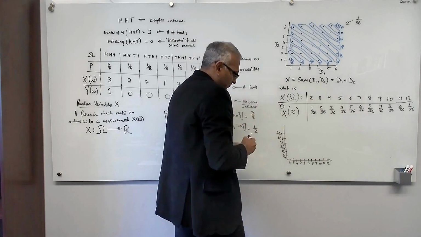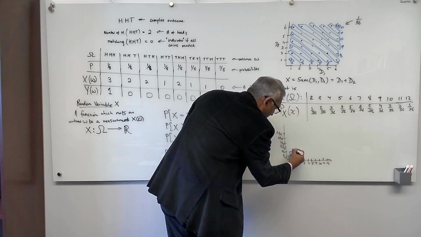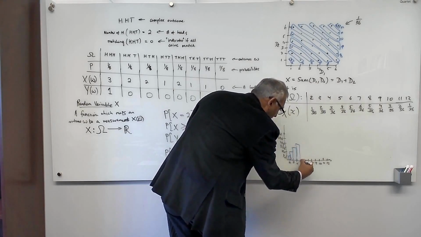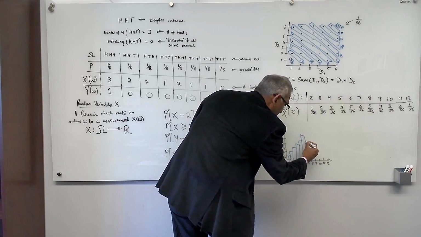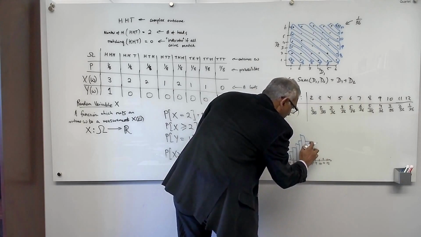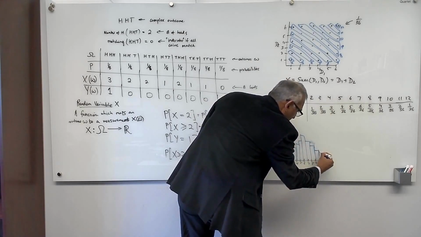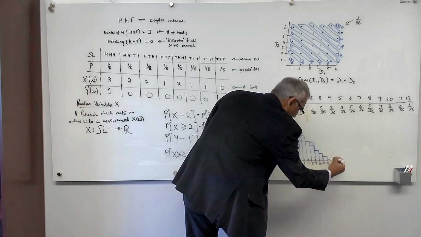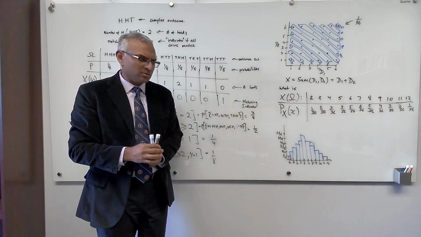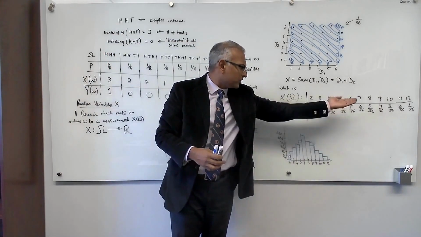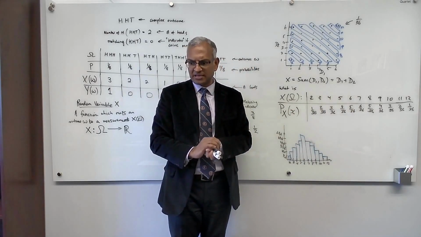So the sum of 2, sum of 3, 4, 5, 6, 7, 8, 9, 10, 11, 12. So that's the probability distribution function for the sum of a pair of dice. And you can easily see from here or the table that the most likely outcome is 7. So the most likely sum is 7.